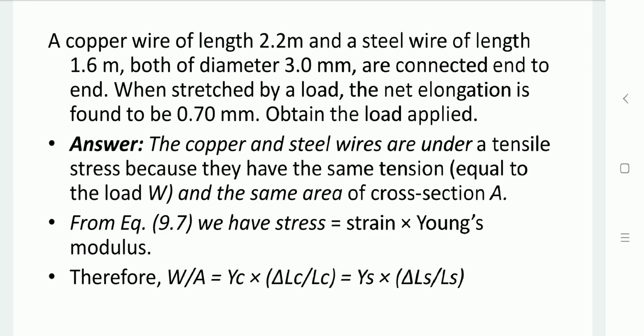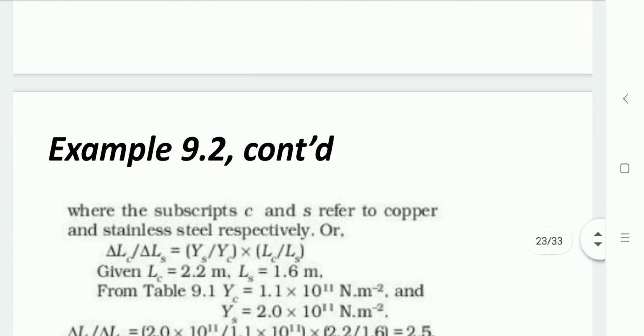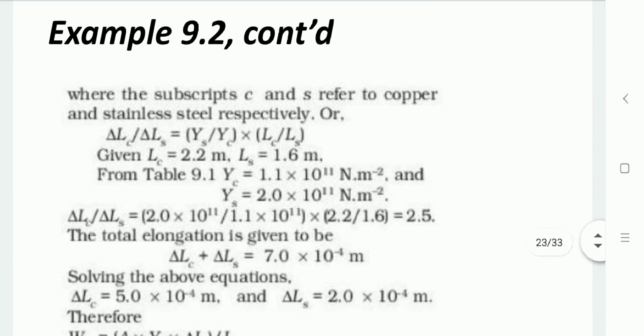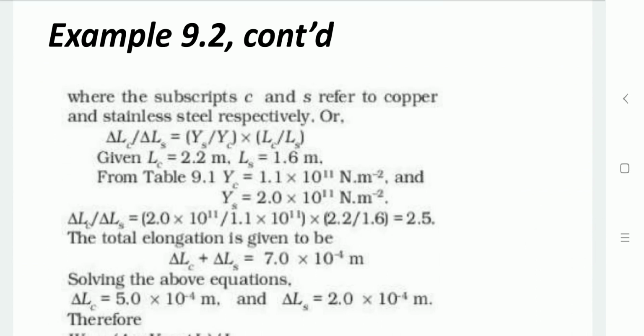So here, as we want to calculate its elongation, let us make the subject of formula delta Lc by delta Ls. That would be equal to Ys by Yc into Lc by Ls. Lc is given 2.2 meter, Ls is given 1.6 meter.